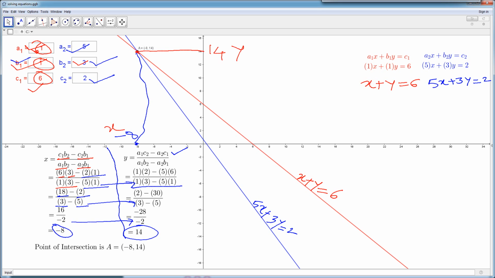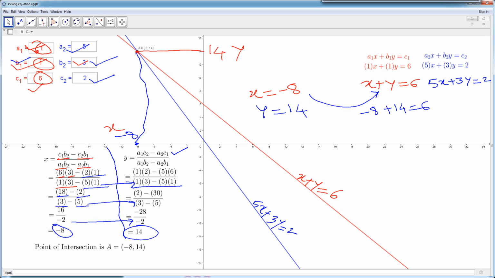You can verify that the values which we have obtained are correct. X is equal to minus 8 and y is equal to 14. Just verify whether these values satisfy the equations or not. Minus 8 plus 14 equals 6, so the first equation gets satisfied.